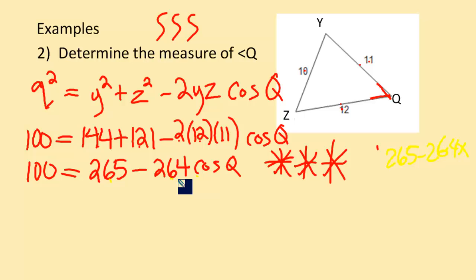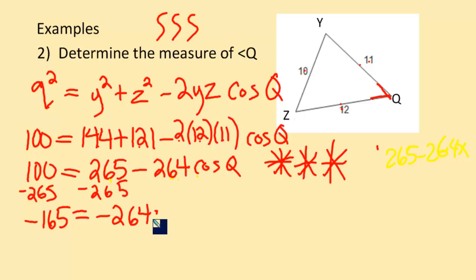So then what do we do instead? We can subtract this 265 from both sides and just get rid of that term. It'll combine nicely on the other side with the 100. You get negative 165 on the left-hand side, and negative 264 cosine Q on the right side. From here, I can't isolate the Q quite yet, but I can isolate the cosine Q. I'm going to do that by dividing away the negative 264, that constant, so I can get closer to isolating the variable.